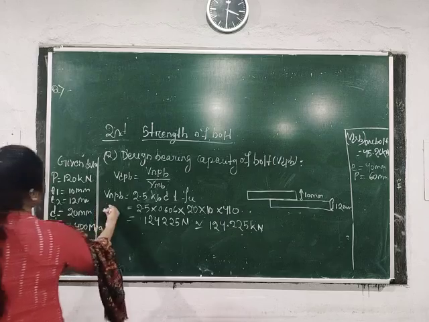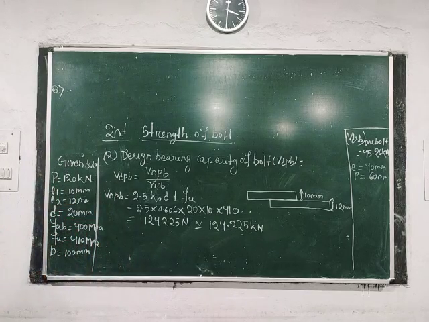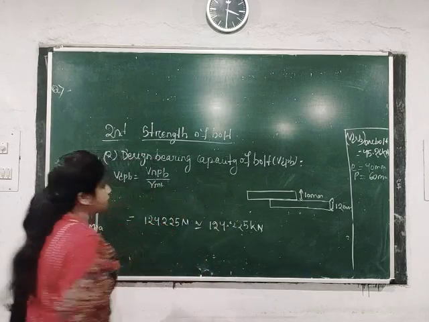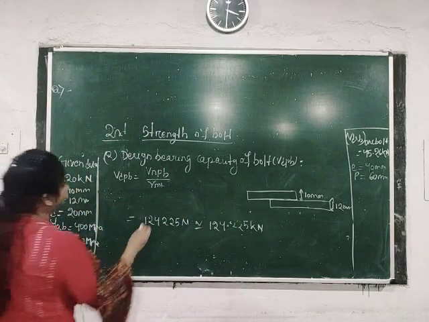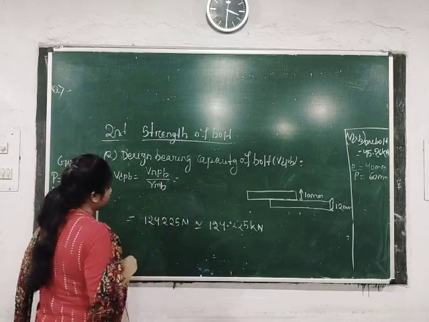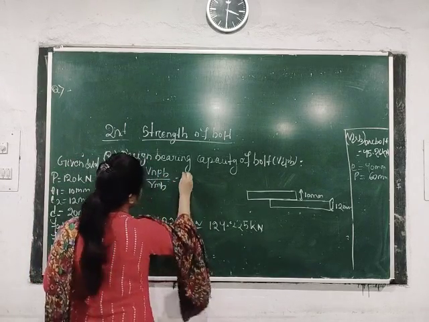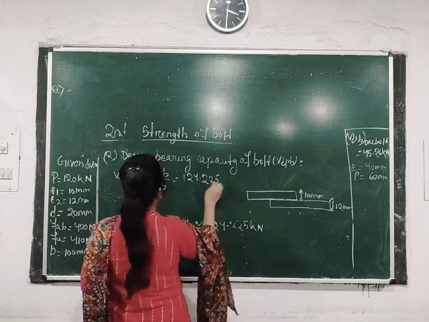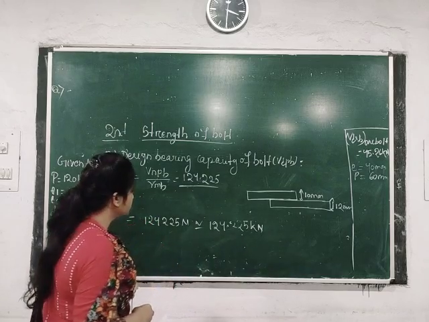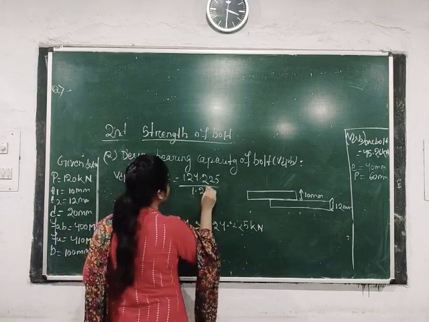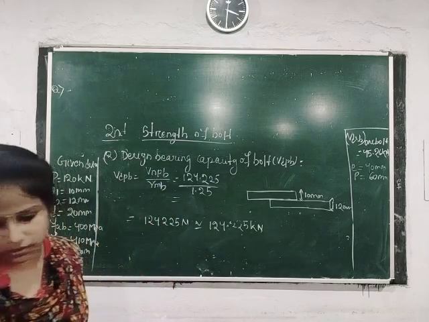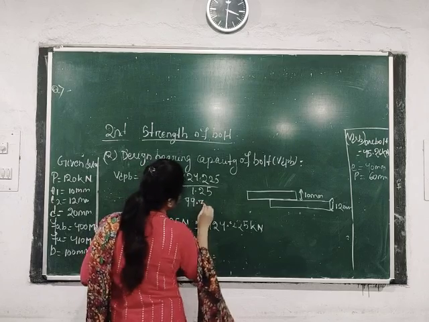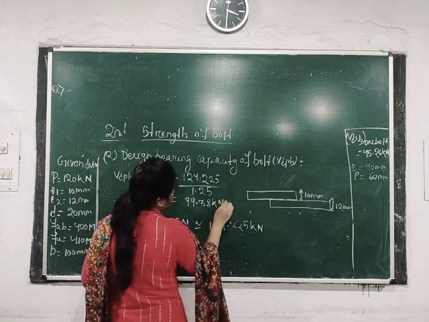Okay, so next calculate the design bearing capacity of bolt. The nominal bearing capacity of bolt that we have calculated is 124.225 kilonewton. Then the partial factor of safety for the bolt is 1.25, and this value is coming 99.38 kilonewton.